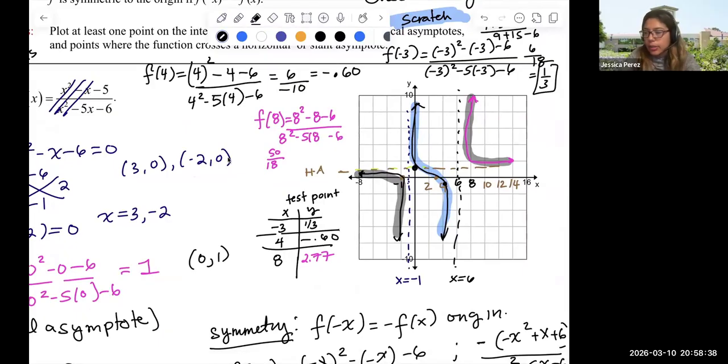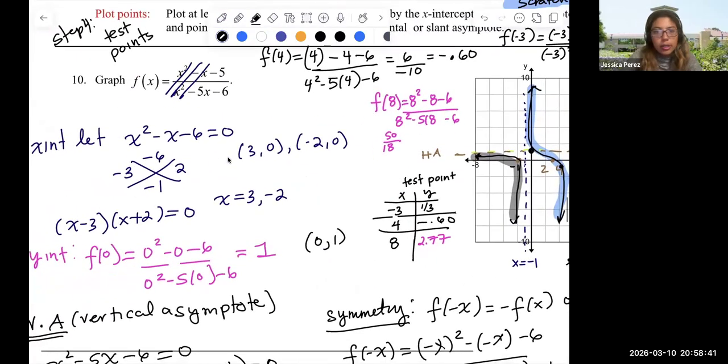So right now we're looking at the function of parentheses. Always make sure you have parentheses, x squared minus x minus 6, close parentheses, divided by x squared minus 5x minus 6, and close it. And then you're going to select graph. And then you're going to zoom in a little bit. And that's exactly what we have on our lecture notes.